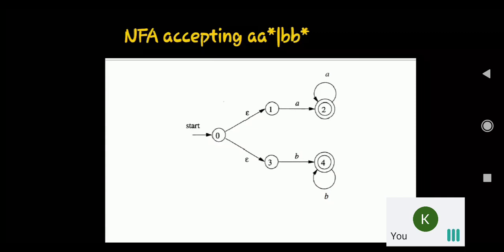But instead of such representations, I think it would be enough to mention A asterisk or B asterisk, because somehow you're going to have repetitions of A.